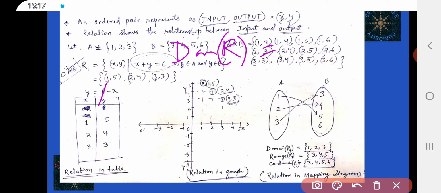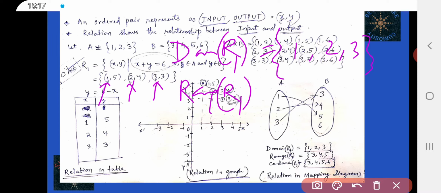Domain of R is what? The set of first components. Here 1, 2, 3. So this is your domain. And range of R1: here range is the set of second components.